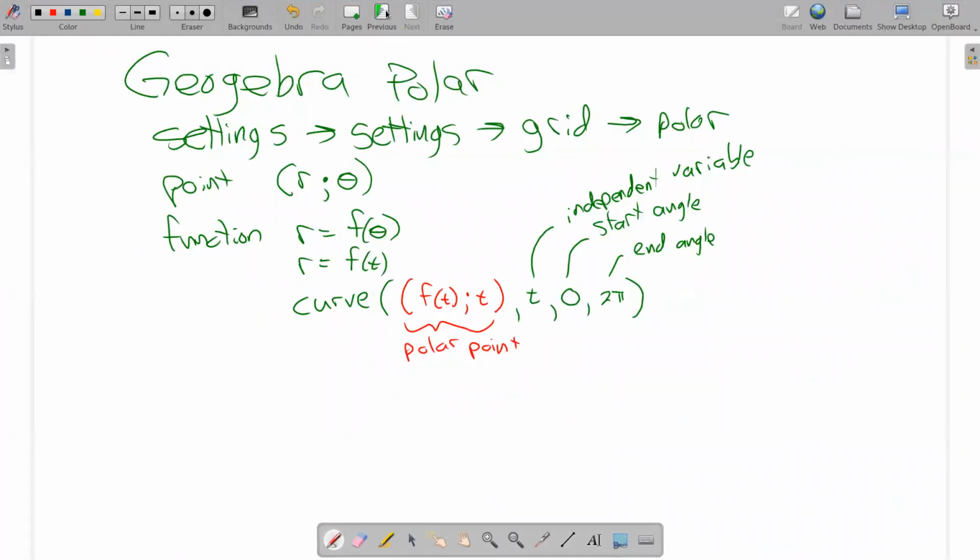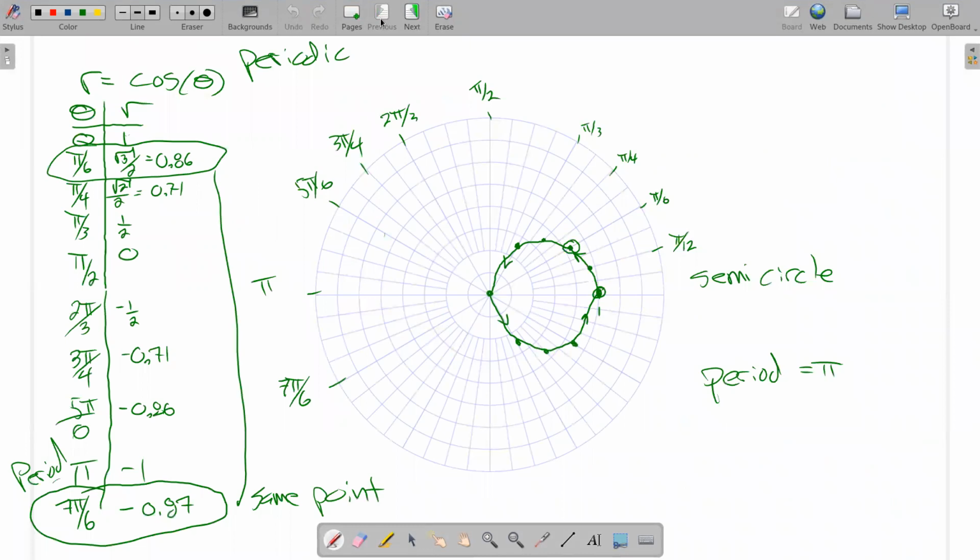So based on the graph we just made and playing around in GeoGebra, we just looked at things that look like r equals, I'm going to call it some number D times the cosine of theta.